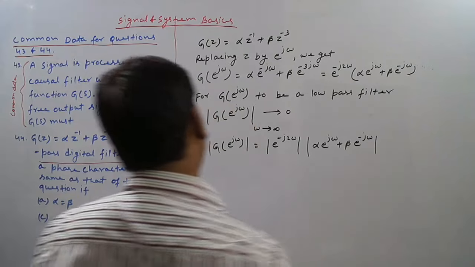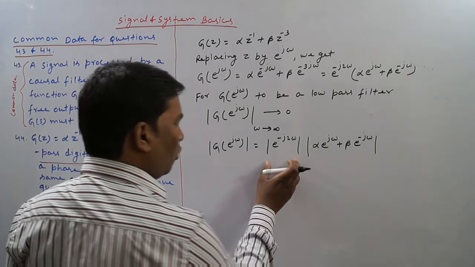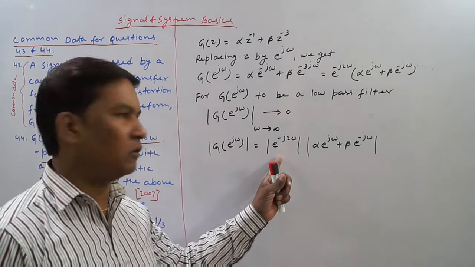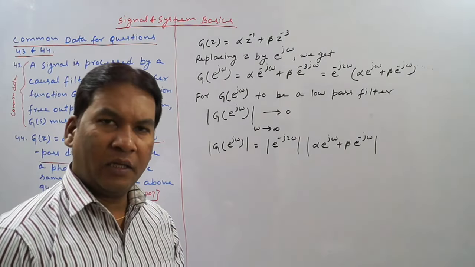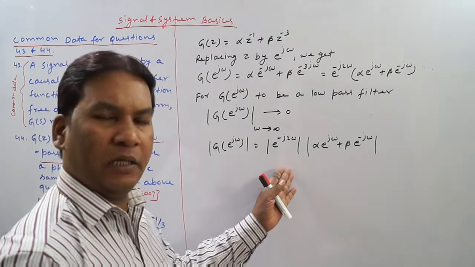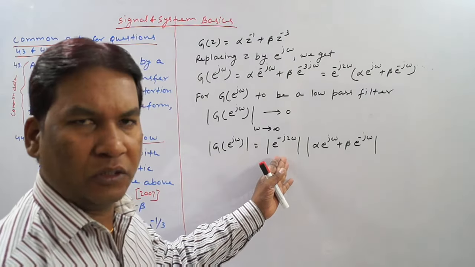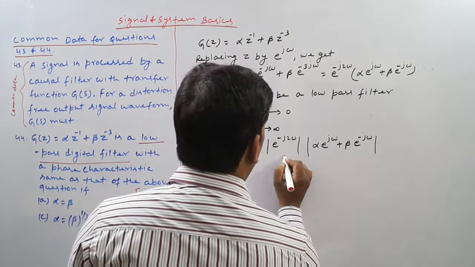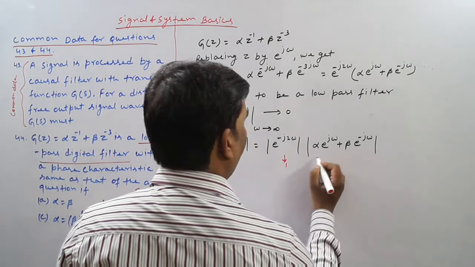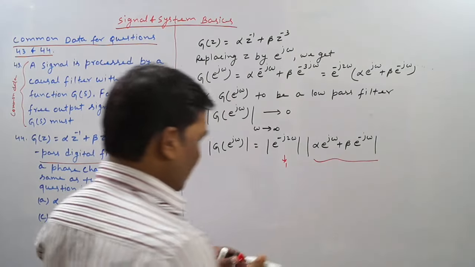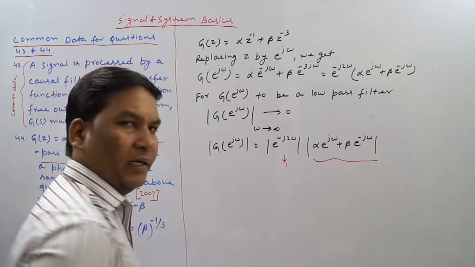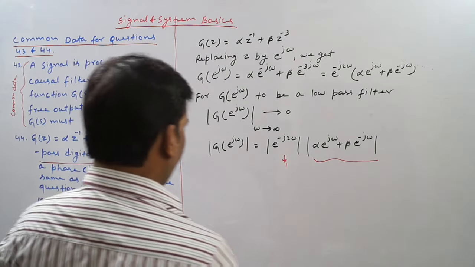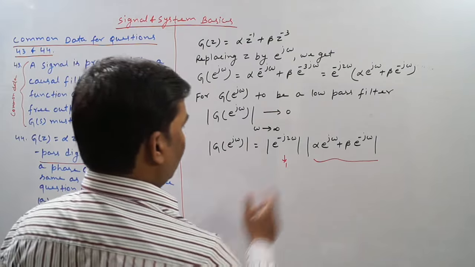Now the magnitude of e to the power minus j2 omega is always 1, because this is nothing but cos 2 omega minus j sin 2 omega, and if we evaluate its magnitude, it will always be 1. So all things depend upon the magnitude of the remaining part.